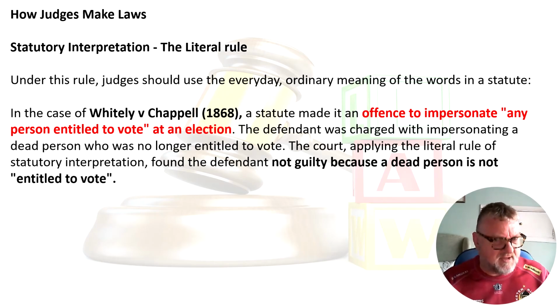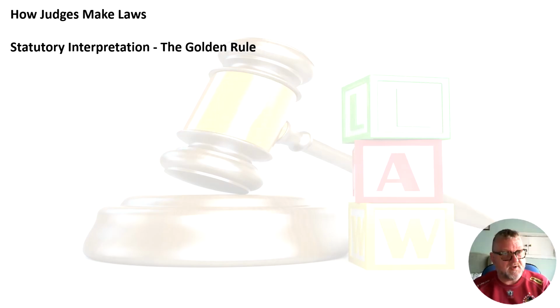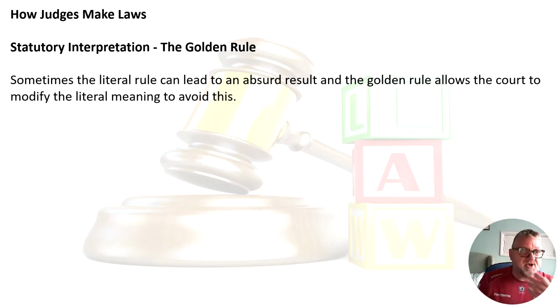Now you may think that's a bit weird, but there are other ways of doing it. And that leads us on to the golden rule. So in the case that we've just looked at, the literal rule can lead to a rather absurd result. And the golden rule allows the court to modify the literal meaning to avoid this.